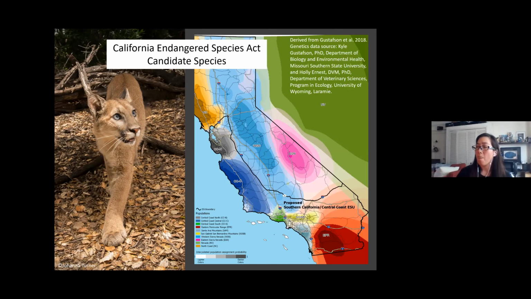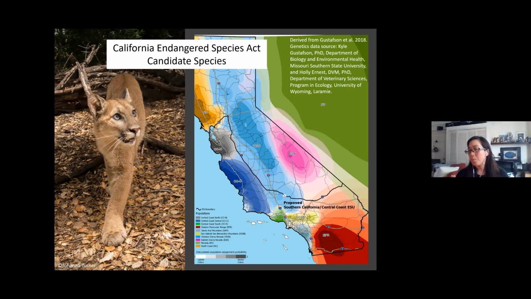The reason we were motivated to petition is because a study came out in late 2018 that identified 10 genetically distinct populations of mountain lions throughout California, and most likely these populations were created because of habitat fragmentation due to human roads and development.